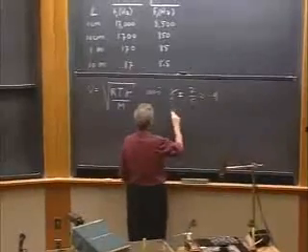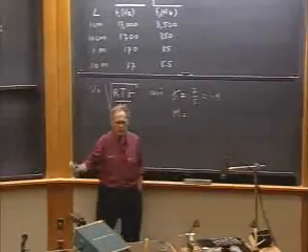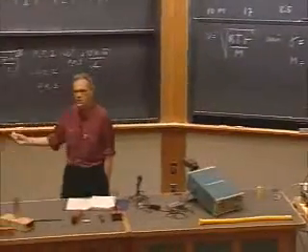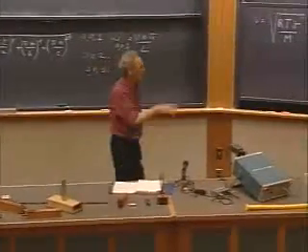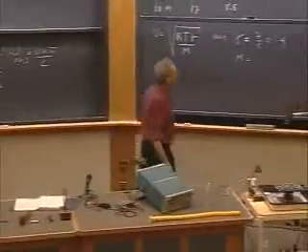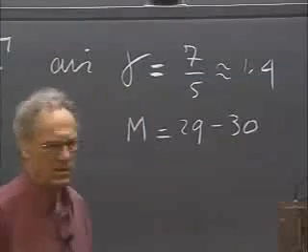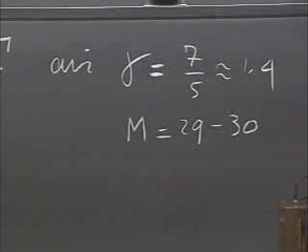And the molecular weight, well, oxygen 2 is 32, nitrogen 2 is 28. You have 80% nitrogen and you have 20% oxygen, so anything you take, 29 or 30, is fine with me. So that is then the molecular weight for air.